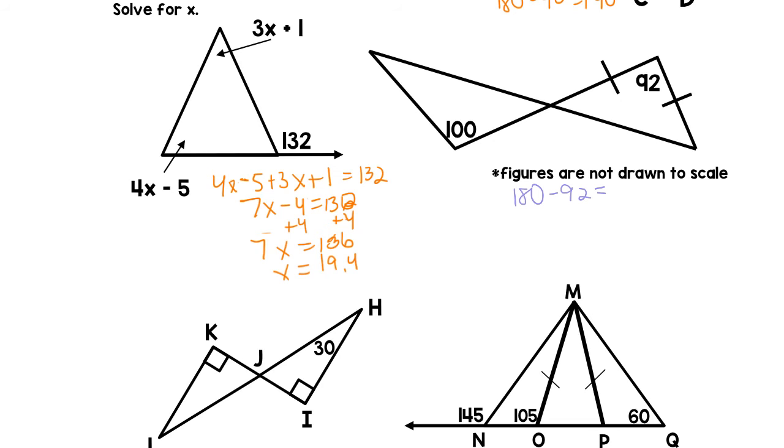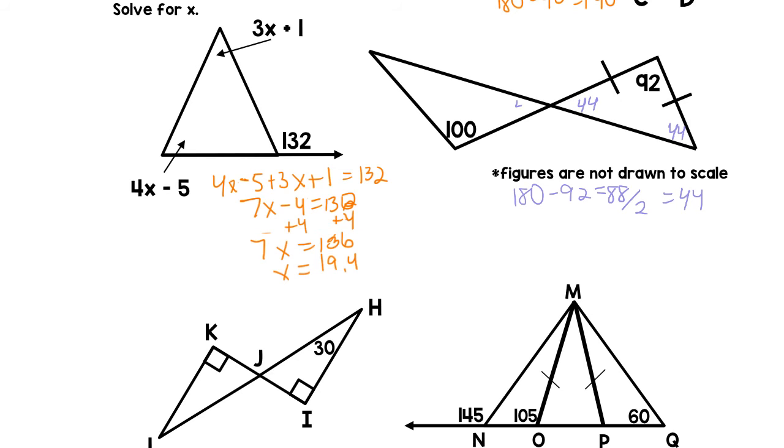If we subtract this one angle, and this only works for isosceles triangles, 180 minus 92 is 88. The 2 angles that make up the base are the same, so we divide 88 by 2 and get the measure of each angle, or 44.